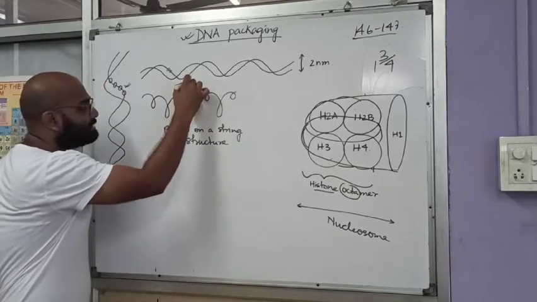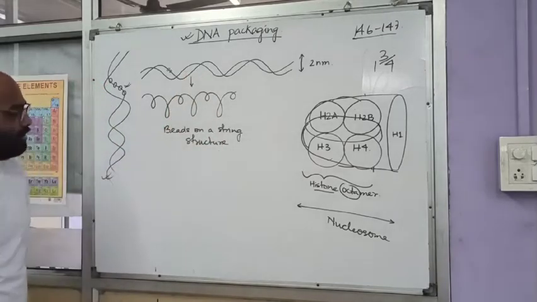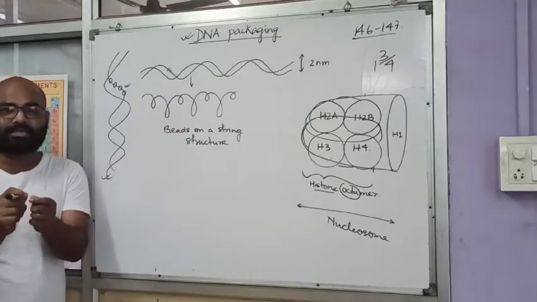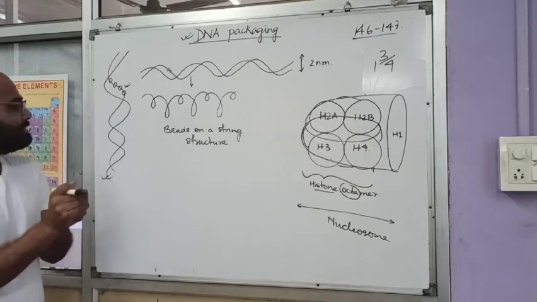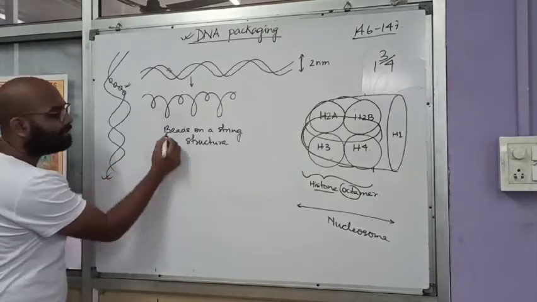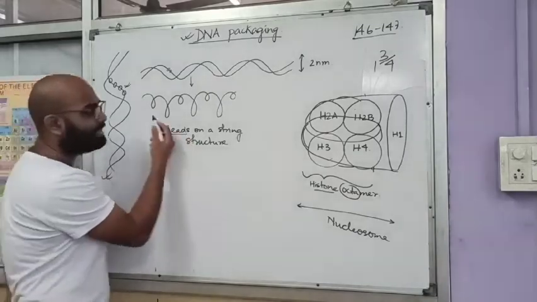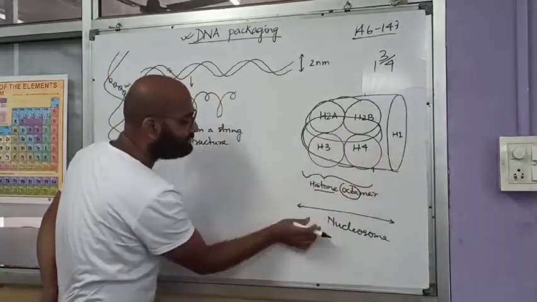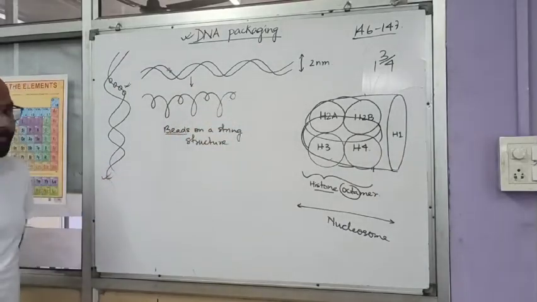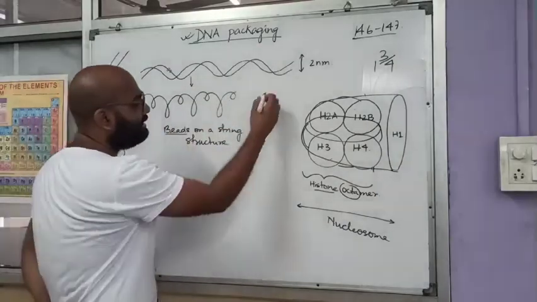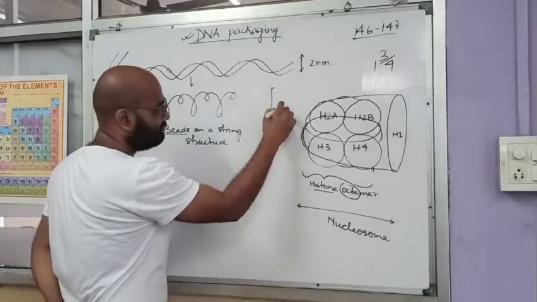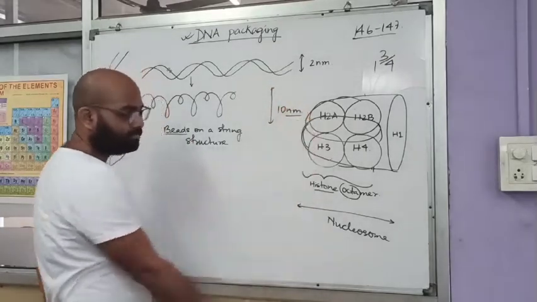You can imagine a thread where you are putting some rice-like structures, and these rice-like structures are my beads. And actually these are nothing but nucleosomes like this. When it attains this structure, the diameter increases to about 10 nanometer.